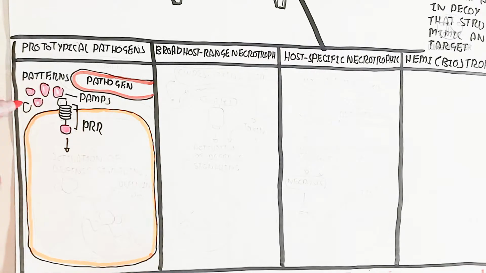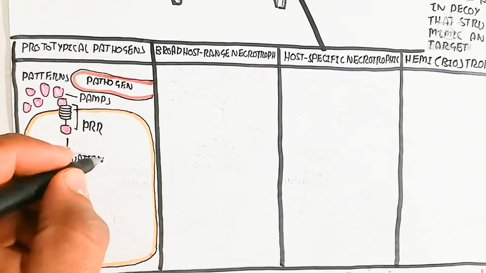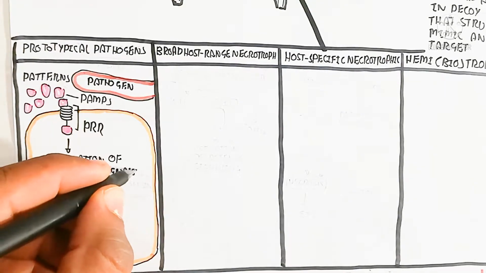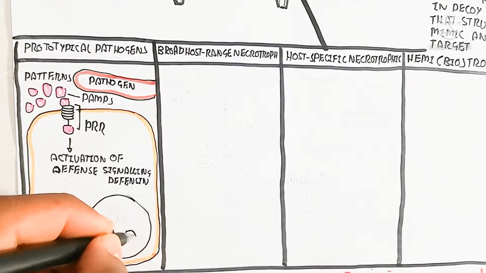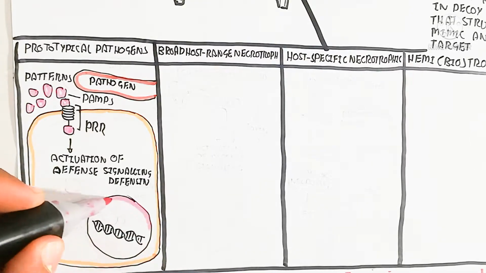After the receptor, the activation of defense occurs, and in this way the transcriptional factor will bind with the signaling defensin. This defensin will be produced and defend against the pathogen.